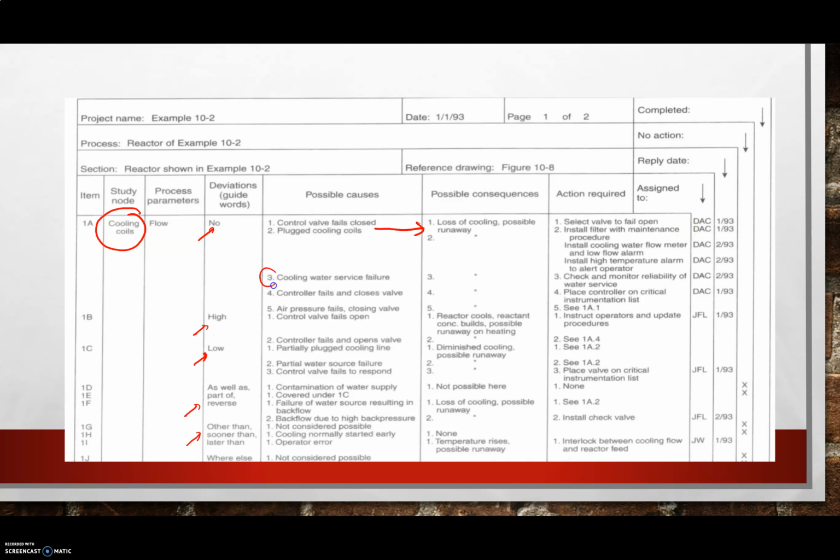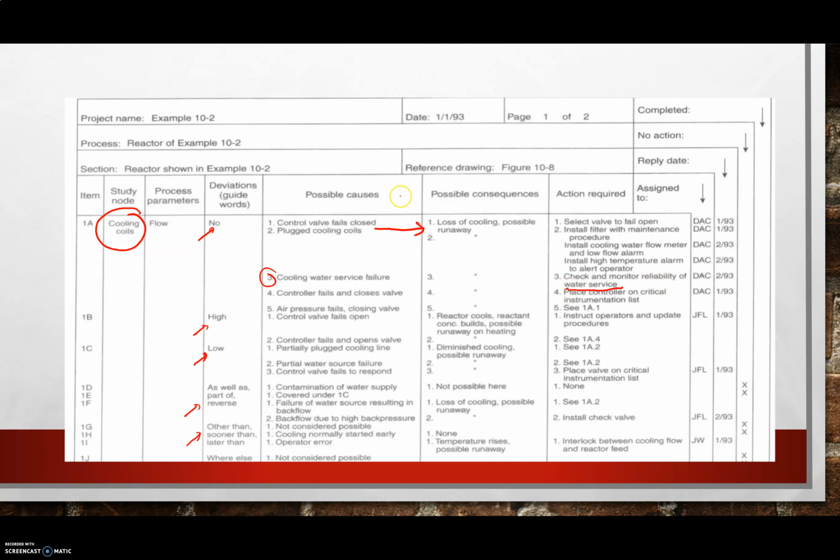Number 3, cooling water service failure, has the same possible consequences, but you need other action required: check and monitor the reliability of the water service.